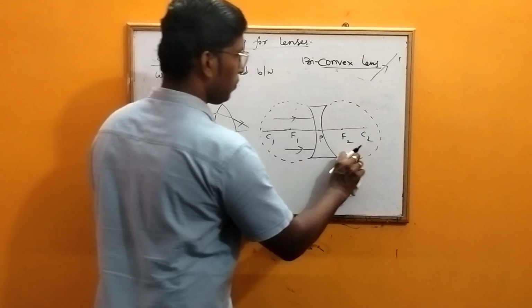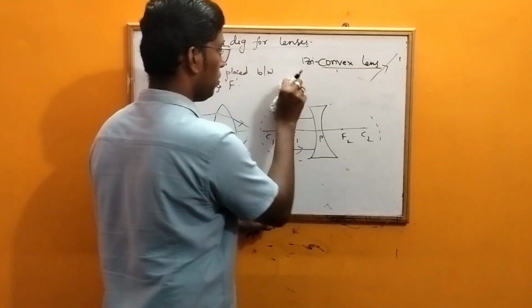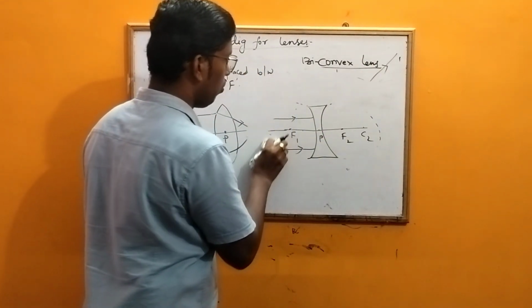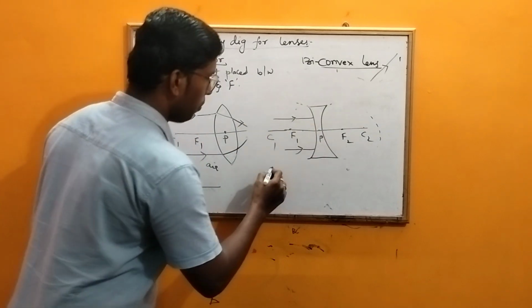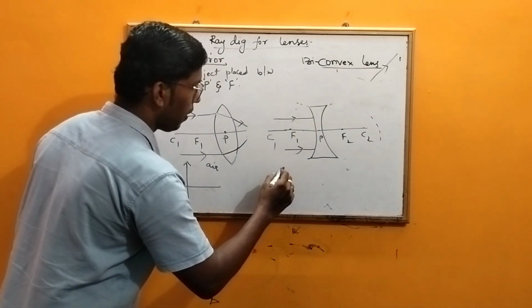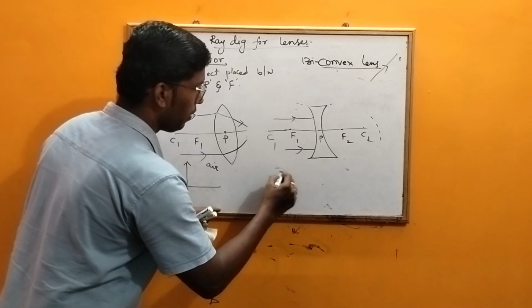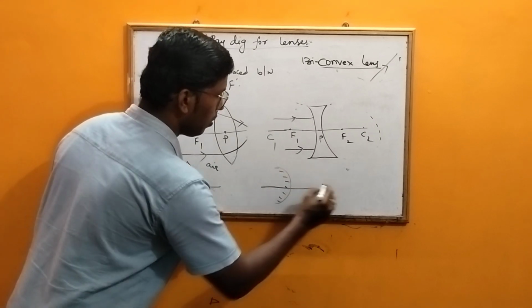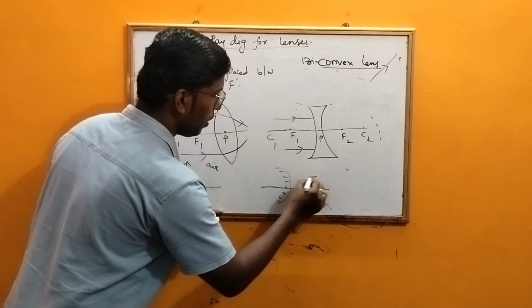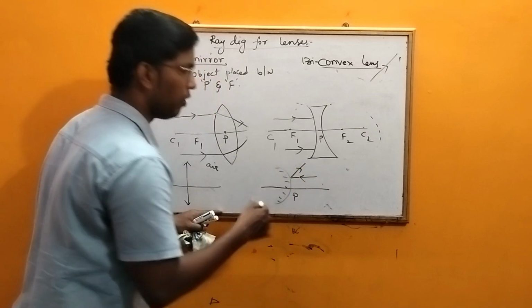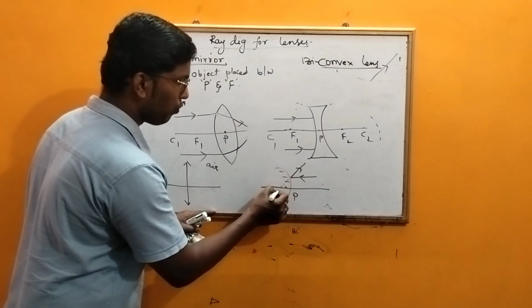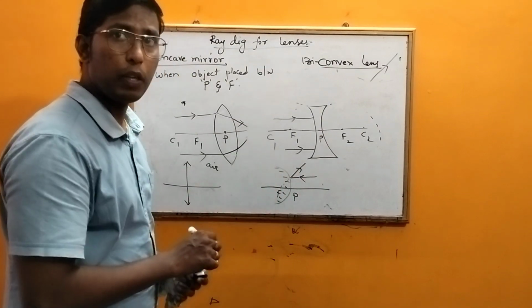Right. So in a convex mirror, when the light ray passes parallel, after reflection it diverges away. It appears to pass through the focus point, not actually passing through it.